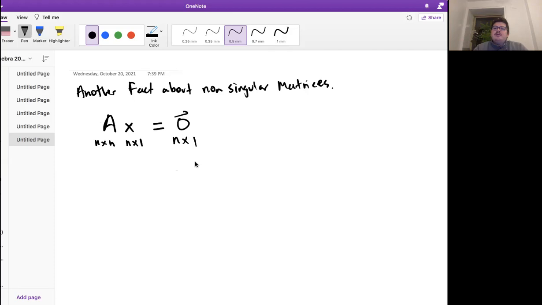Okay, let's think about that. Have we seen this before? What do we know about matrix equations, first of all? Like, what do we know about Ax equals b? Can you rewrite Ax equals b as something? Do you remember seeing Ax equals b?